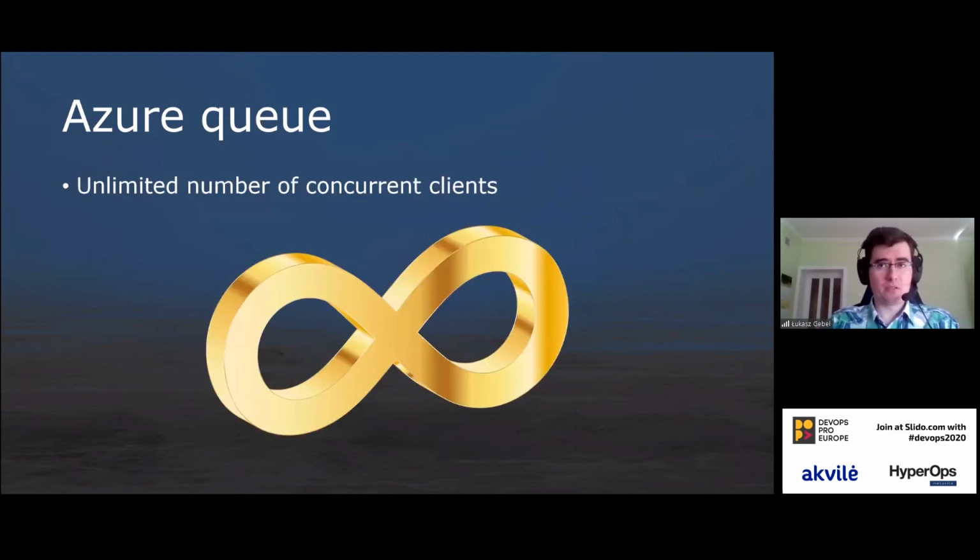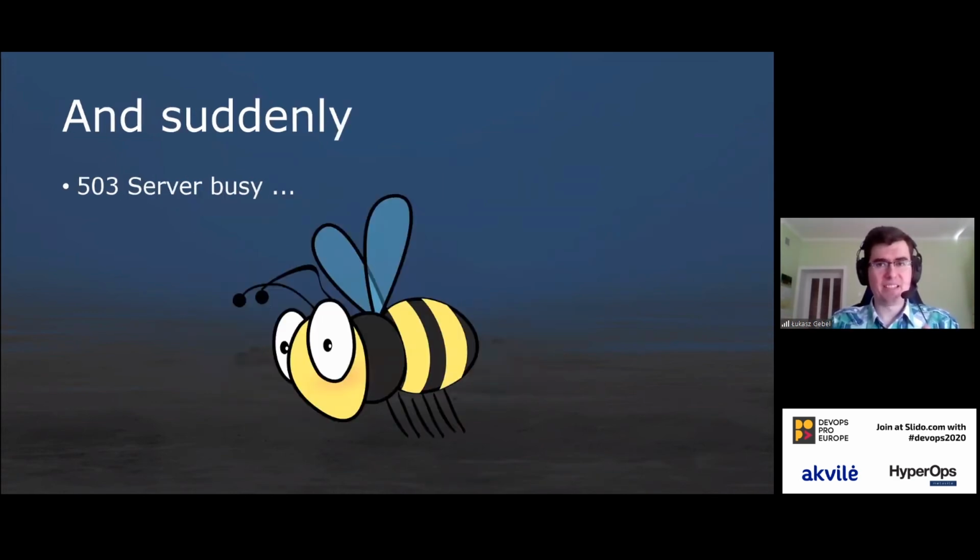My favorite sentence from the Azure Queue documentation is that an unlimited number of concurrent clients is supported. However, it's not difficult to use even 1 or 2 clients that put a lot of messages per second and get a 503 server busy.